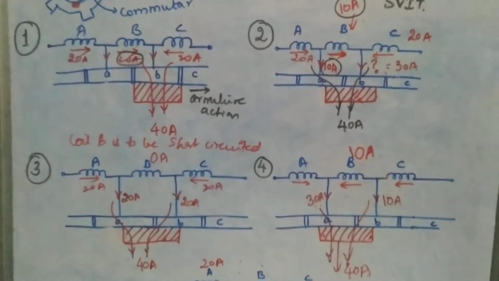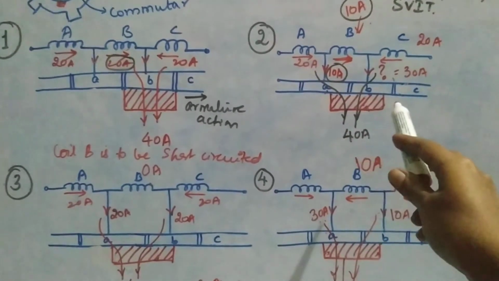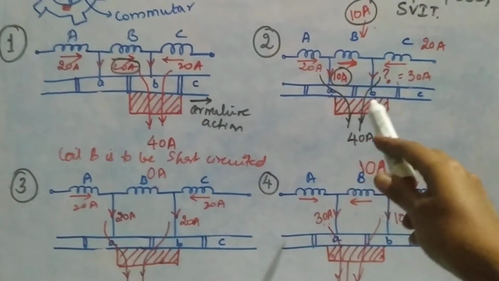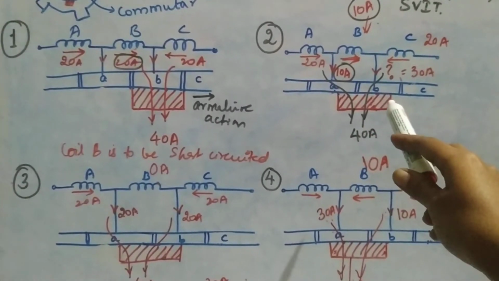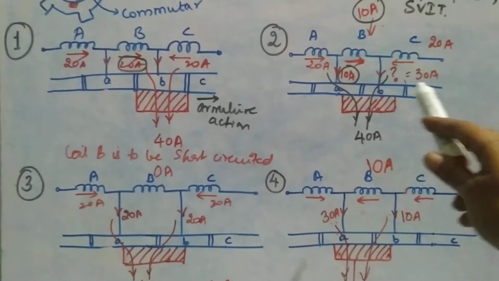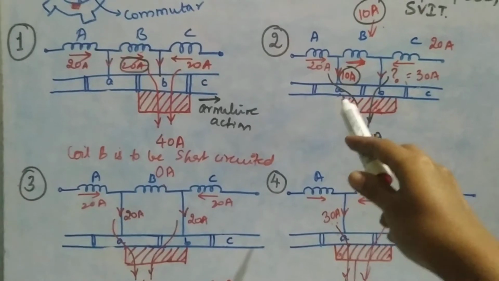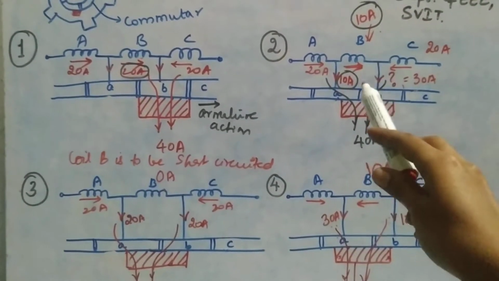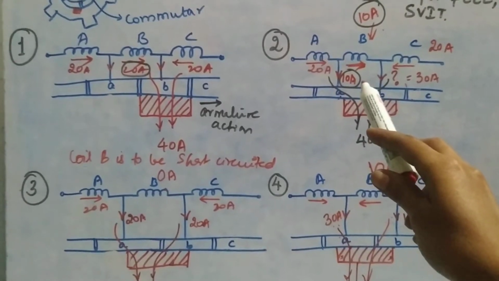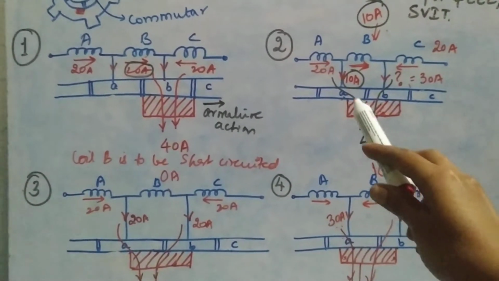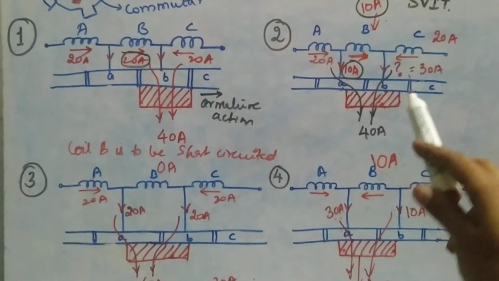Because here the contact area starts to increase, but comparatively the contact of B is more compared to A. Therefore B current will increase, and the current of A contact will be decreasing. So it is getting divided in half. 20 amperes, which is carried by each armature coil, is getting halved. So it is getting 10 amperes. This is how you can find out the division of the current.